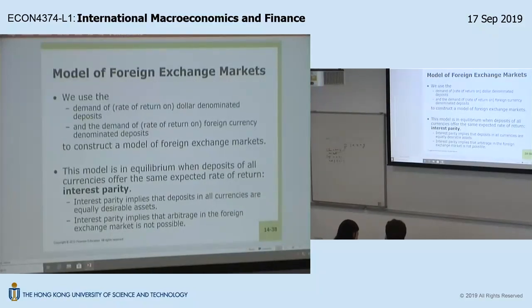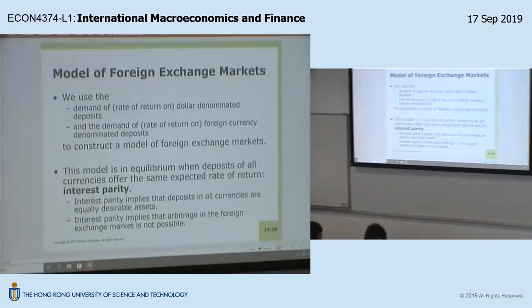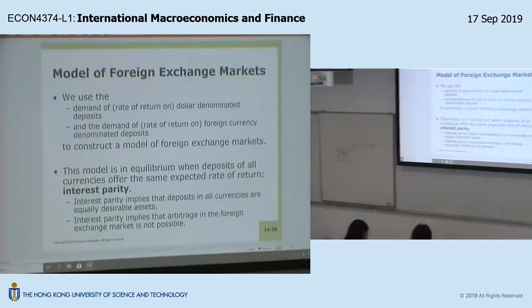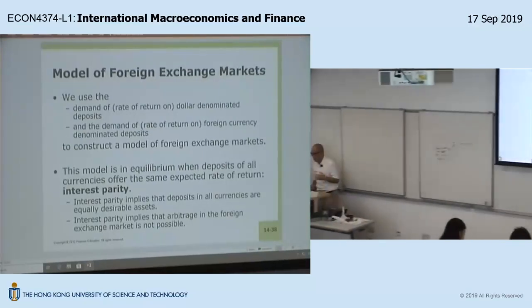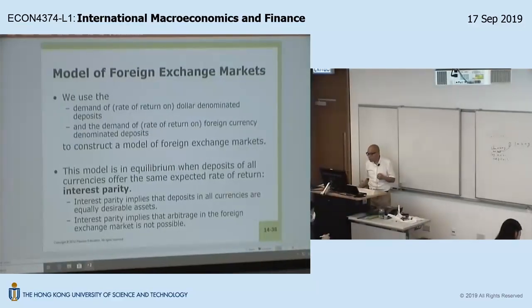Okay. So the demand is really coming from the expected dollar rate of return of the two things. It's a no arbitrage condition. So basically, people are indifferent under this.